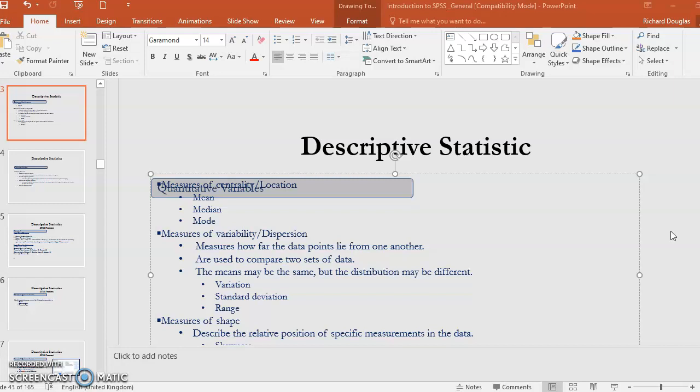In my next video tutorial, I'm going to present how to produce descriptive statistics in SPSS by demonstrating it using a practical example.